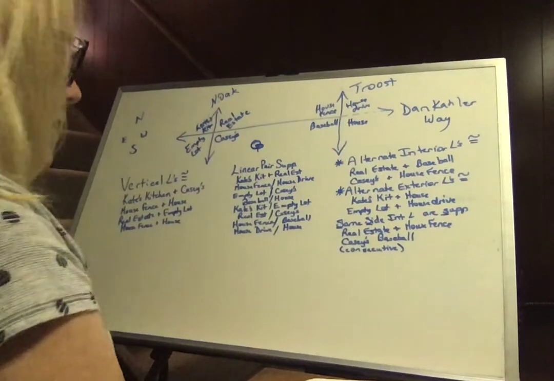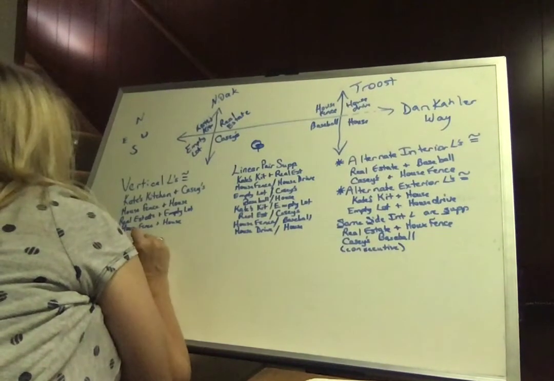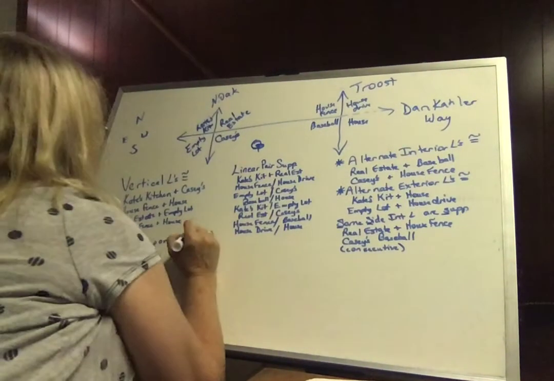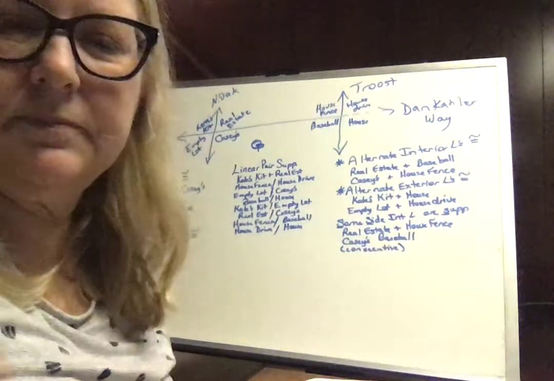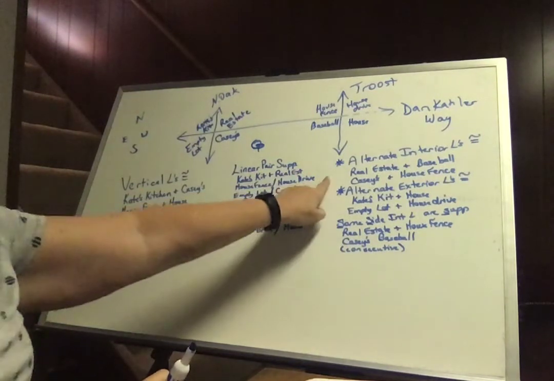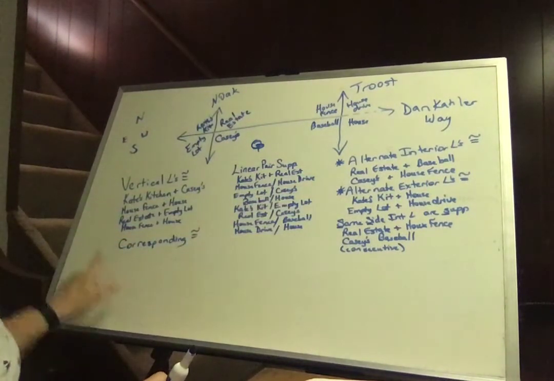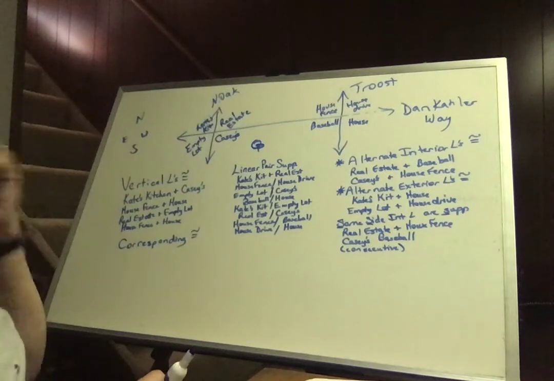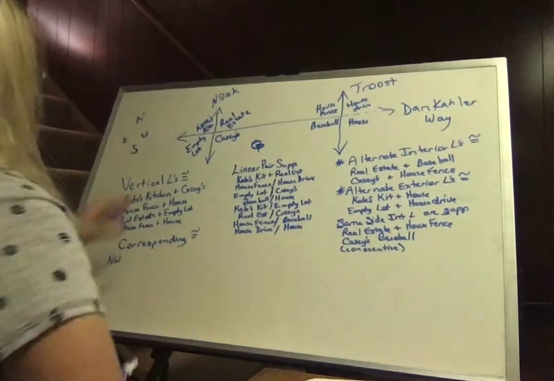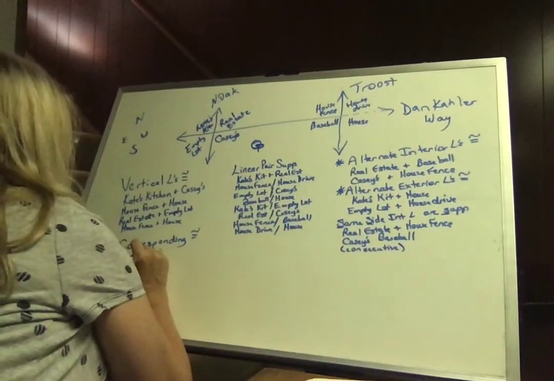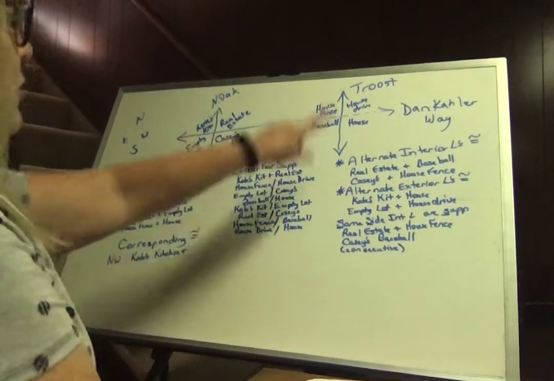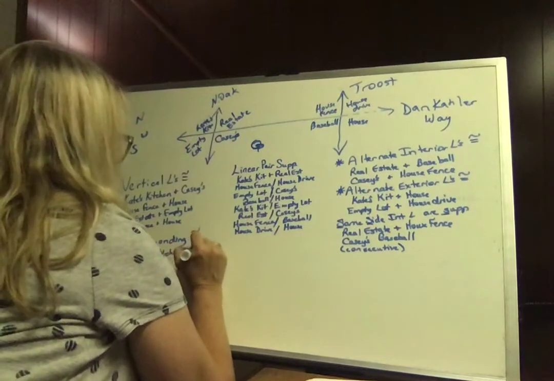The other type you need to know is corresponding angles. Corresponding angles are congruent. Okay, just like alternate interior and alternate exterior. Corresponding or congruent, they have the same direction. So we want the 2 that are in the northwest corners. So in the northwest corner of this one, we find Kate's Kitchen. And in the northwest corner of that intersection is the house with the fence.